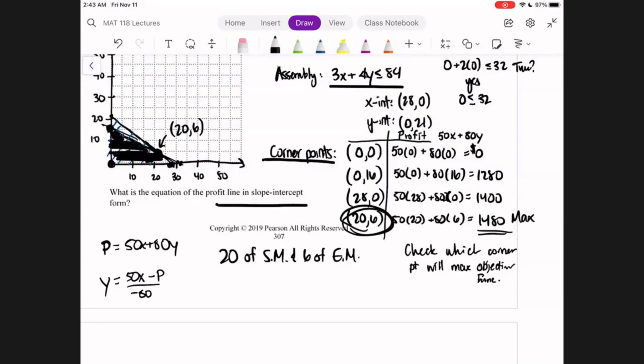If you move over the minus 80y, divide by the minus 80, and if you simplify, you get y equals negative 5/8 x plus p over 80. Making you rethink, what does this even mean?